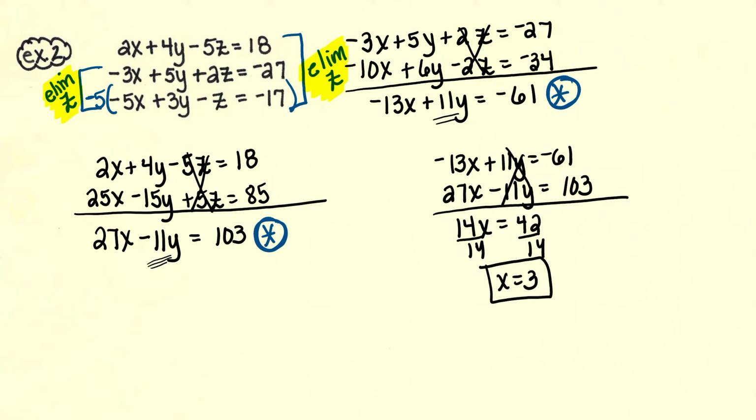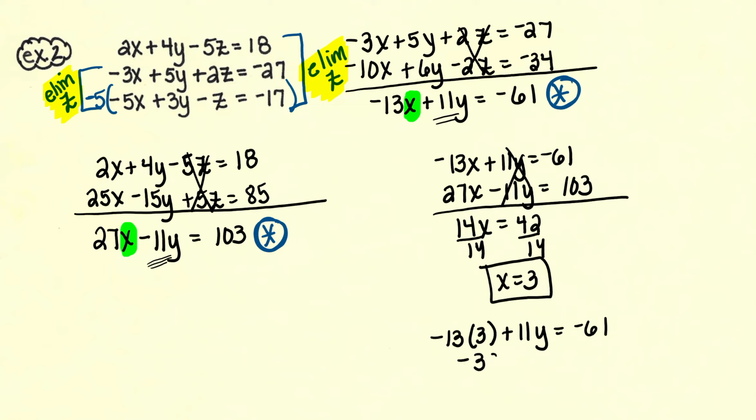Once you have that first answer, you're going to take that 3 and plug it into either one of the two star equations. You can plug it in right here, or you can plug it in right there. It's completely your choice. I think I'm going to go to the negative 13 one right here. So I will say negative 13, but where the x is, I'll put 3, plus 11y is equal to negative 61.